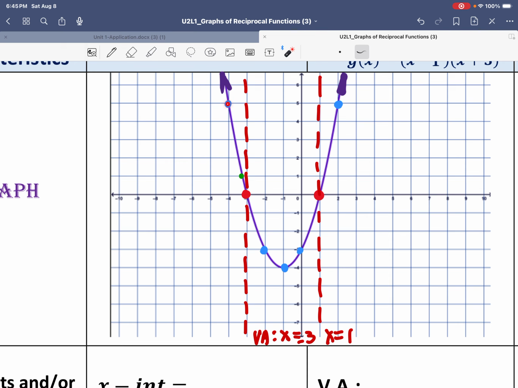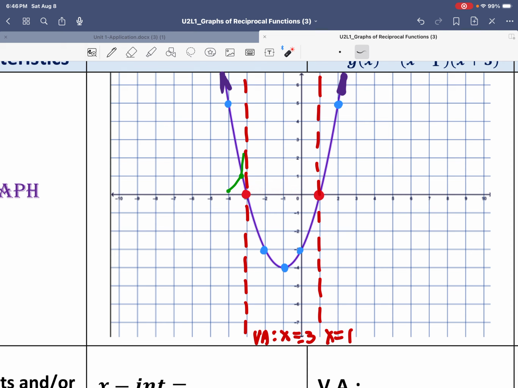Now, the next point I want to reciprocate here is this one at x equals negative 4, y is 5. So at this point, the reciprocal will have a value of 1 over 5. So the way that this graph can grow then is by getting closer to the asymptote. Now remember that as we get closer to the x-intercept of the parabola, the y values are slightly above 0, say for example 0.001.